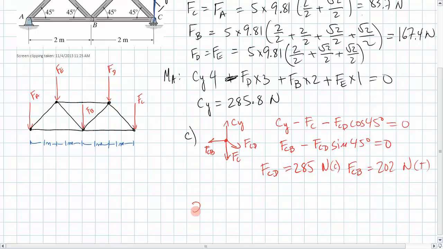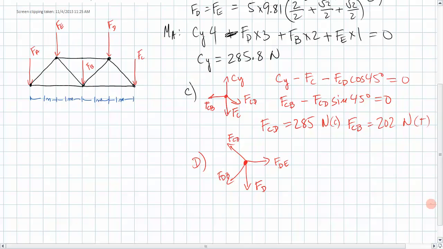So let's draw a free body diagram for D. A free body diagram for D would be, you get the load here, FD, then you get FDE, the force coming from this member, then you get FCD, and here you get FDB. And now we can go ahead and write the equations, and then that's it.